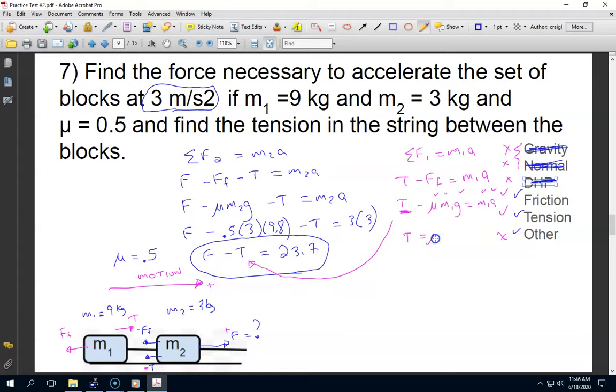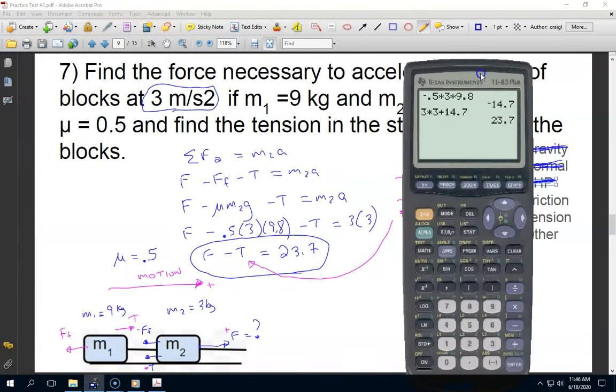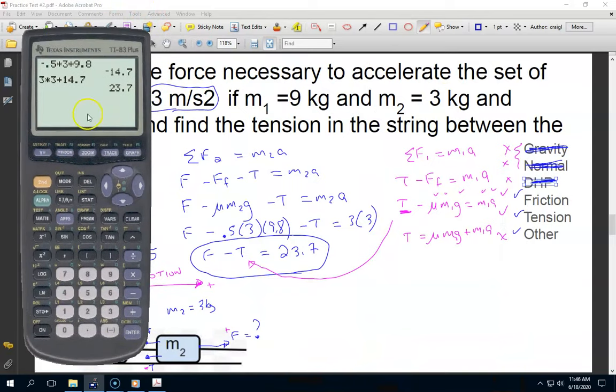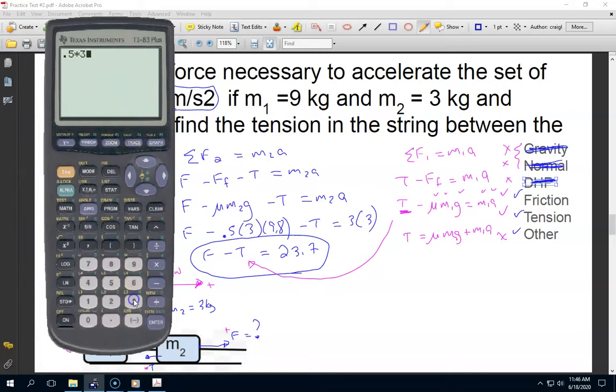So let me go ahead and add mu mg to both sides. Here's m1. That should have had a little 1 right there. But on the calculator, we're going to take the coefficient of friction, which I already forgot was 0.5. And then we want to multiply that by mass 2. Mass 2 is 3 kilograms.